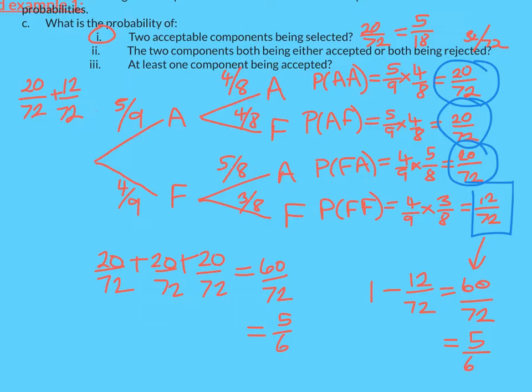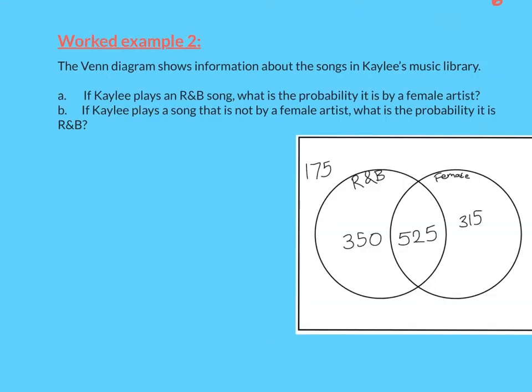Okay, so that was a bit of practice on using tree diagrams and conditional probability, and we're also now going to look at using Venn diagrams, and with this it's very visual and you can just look at it. Okay, this Venn diagram shows information about the songs in Kaylee's music library, and we need to find a couple of probabilities.